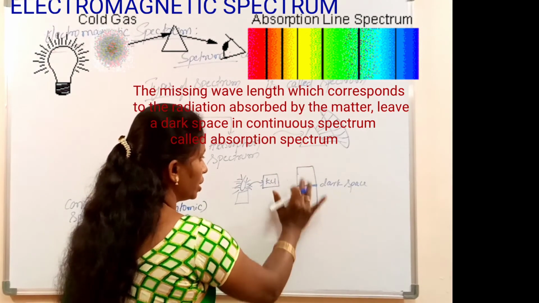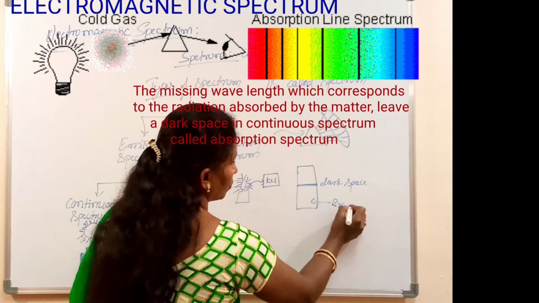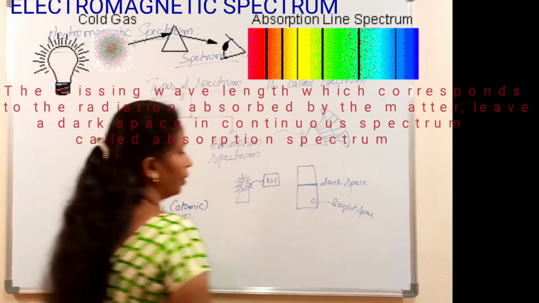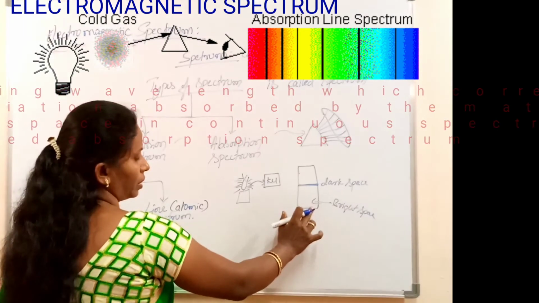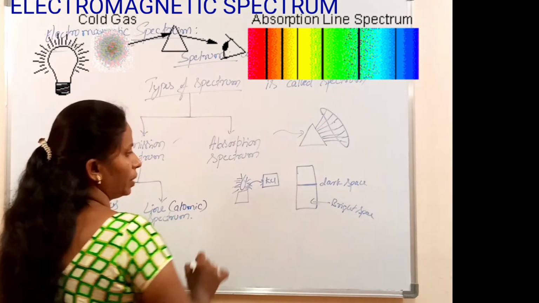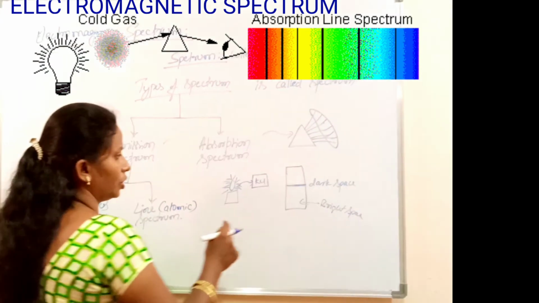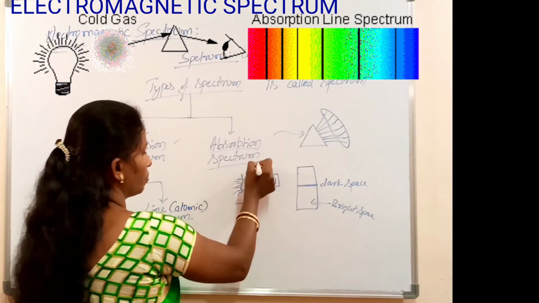Remaining radiations appear in bright form, bright space. In that bright space, only one dark line appears. A particular single wavelength is going to be missing from this band. So that is called absorption spectrum.